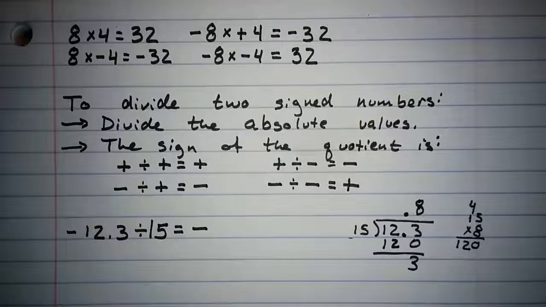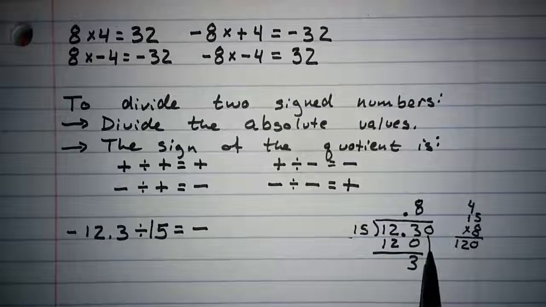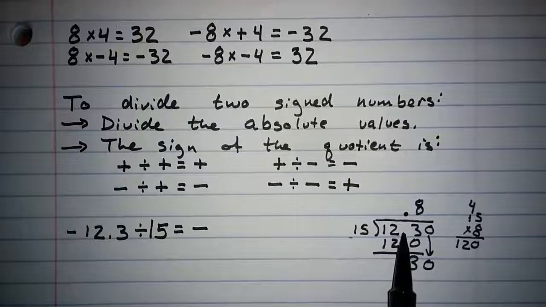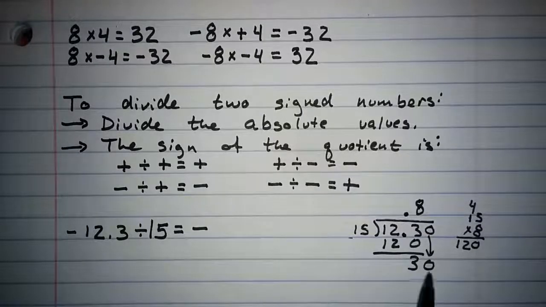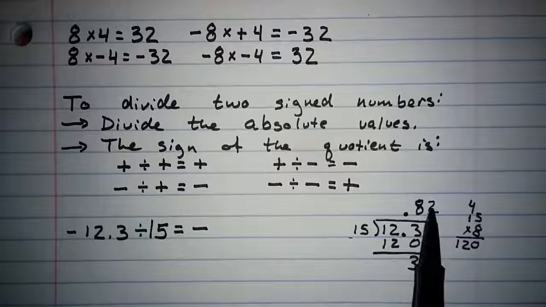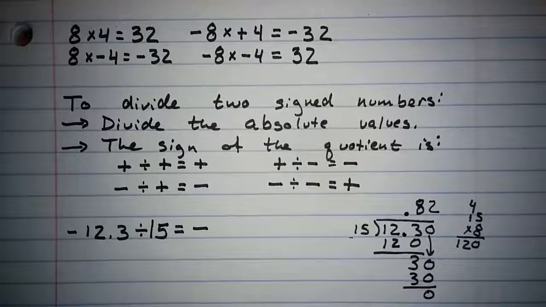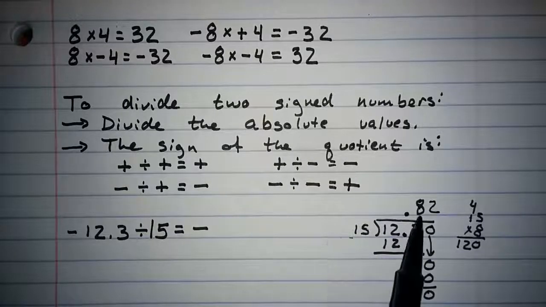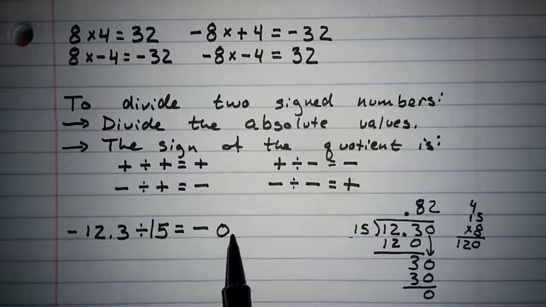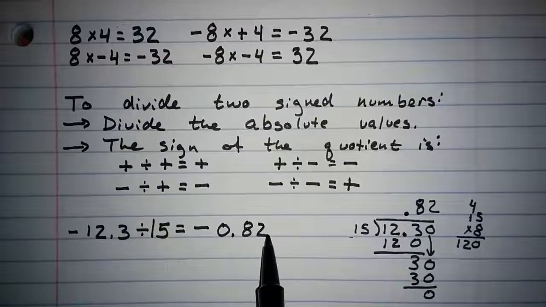So what do we have to do? Add another 0 and bring it down. We've already got a decimal point, so we can add zeros all we want. 15 goes into 30 twice, because 2 times 15 is 30. Nothing left. So we already know our answer is negative. It's going to be negative 0.82.